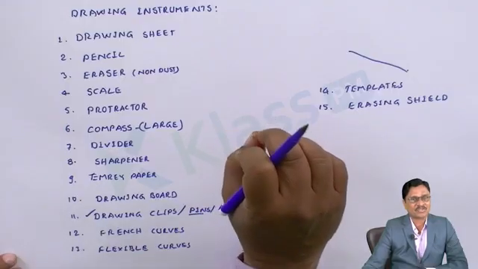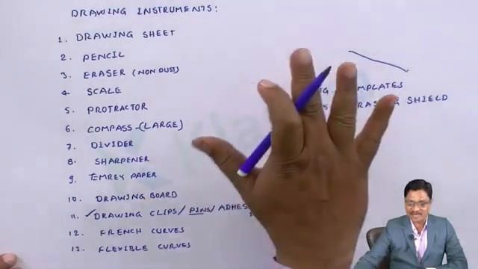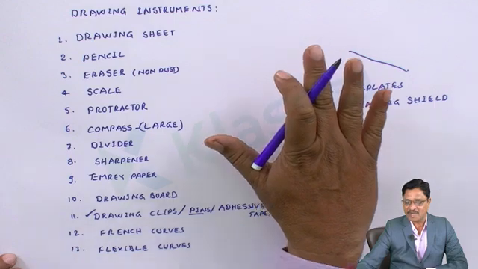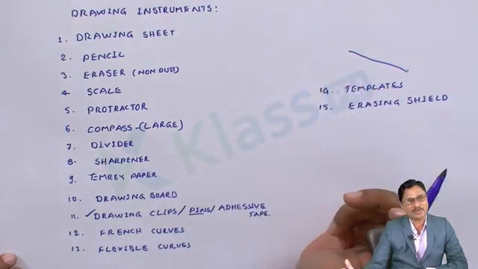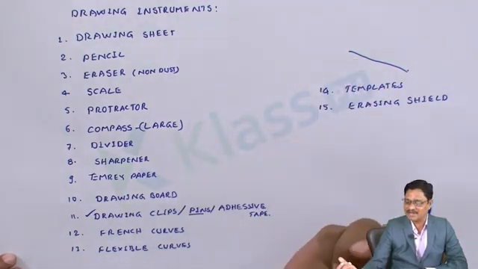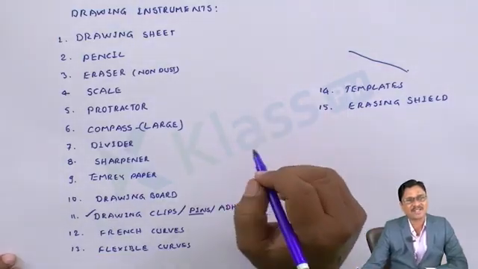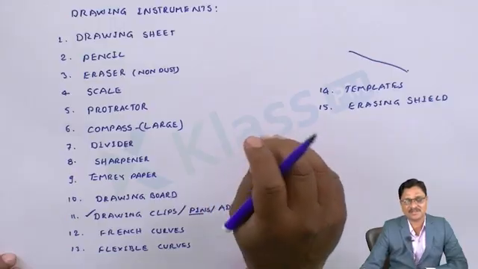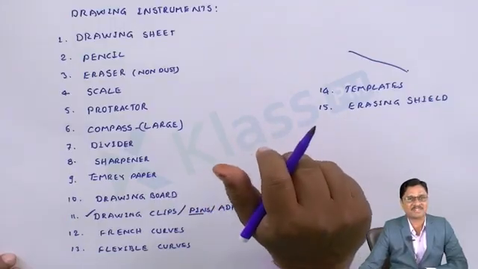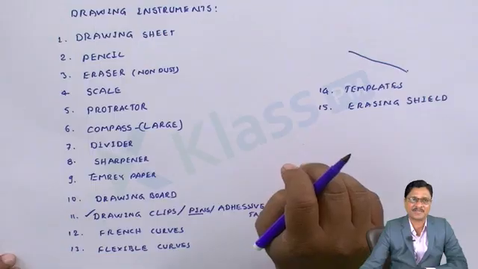While erasing, you may unknowingly touch your hand over the sheet. Once the hand touches, if there is any sweat or dirt, it may be transferred to the drawing area and spoil that area.